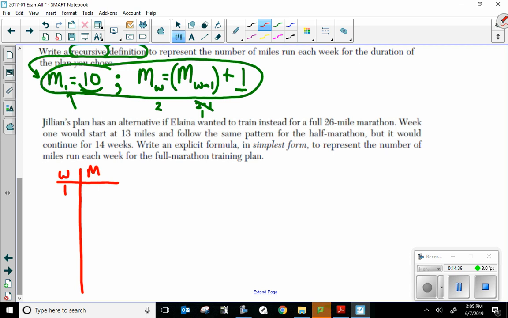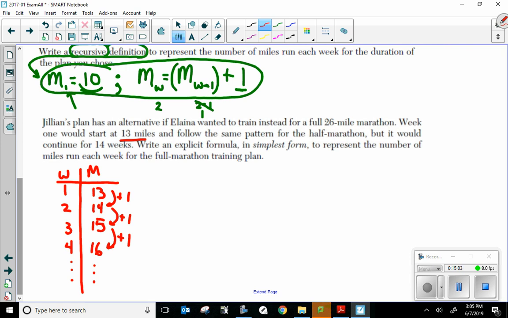It would start with 13, and follow the same pattern, which means it would go up 1 every time. I'm just going to keep on adding 1 to all these. Week 4 would be 16 and so forth. I'm still just adding 1. Now, this would continue for 14 weeks.